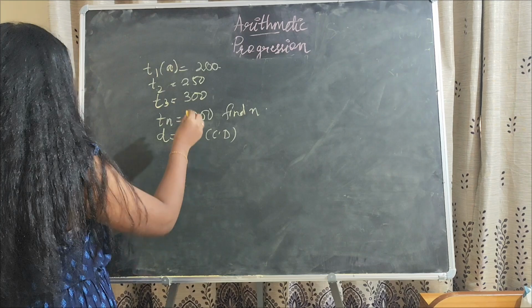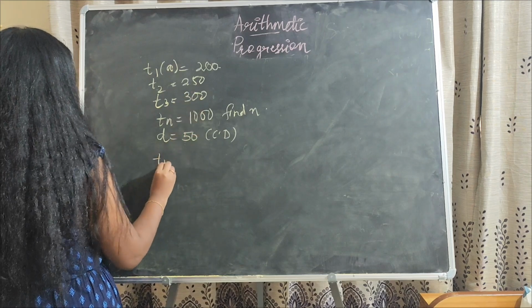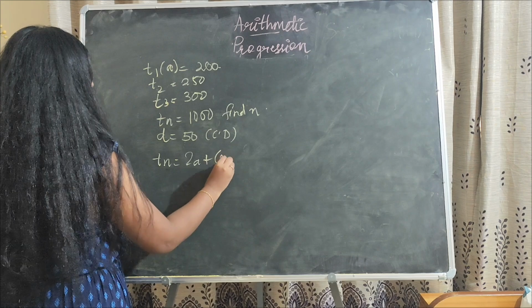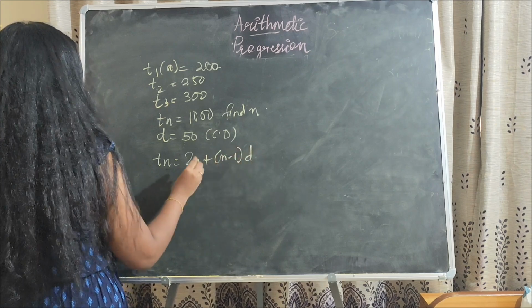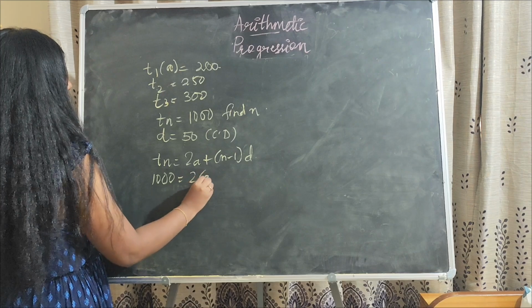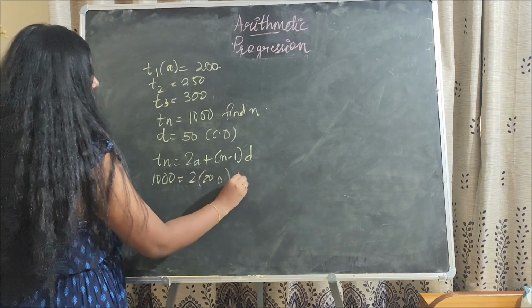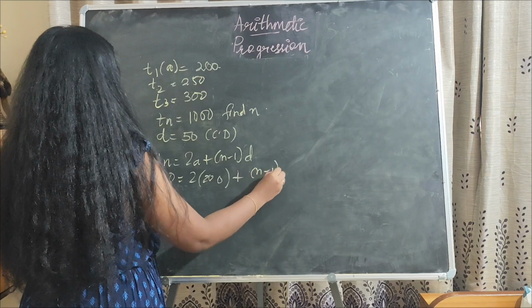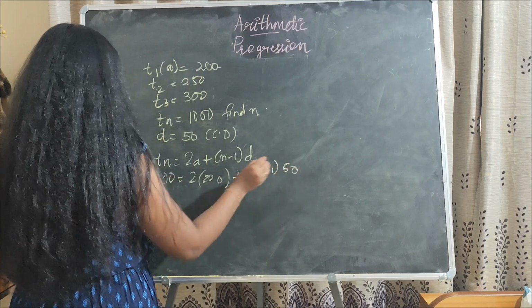Now, this formula will be given by Tn is 2a plus n minus 1d, where Tn is 1000. This is 2 into 200 plus n minus 1 into 50.